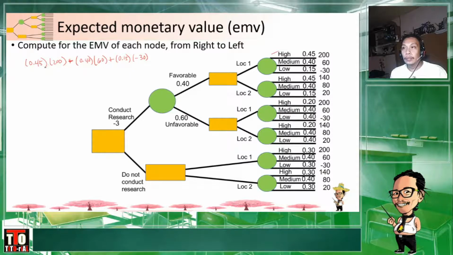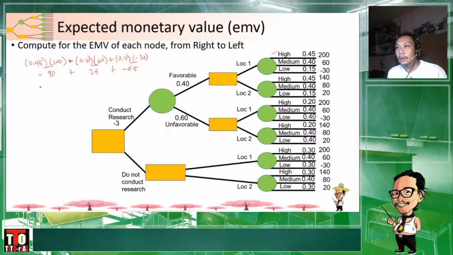So, i-multiply lang natin isa-isa, ayan, and then i-add natin. So, dito muna tayo. 0.45 times 200 is 90,000 plus 0.40 times 60 is 24,000 plus 0.15 times negative 30 is negative 4.5.